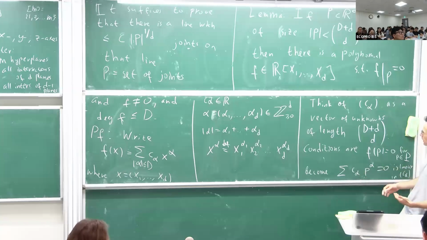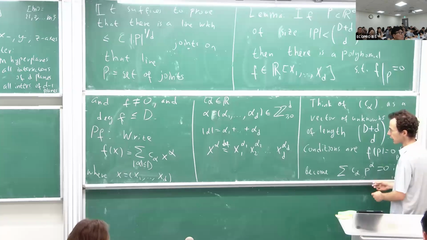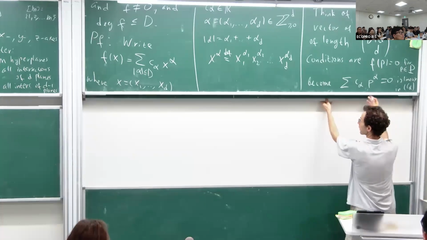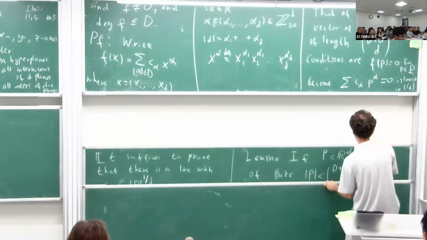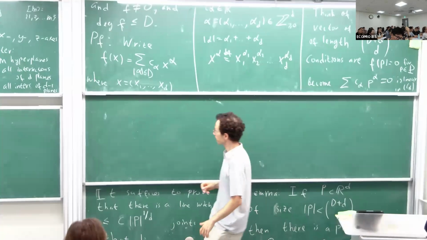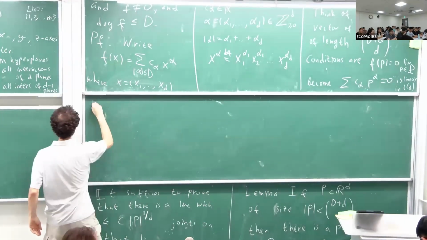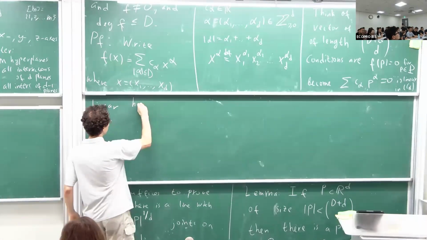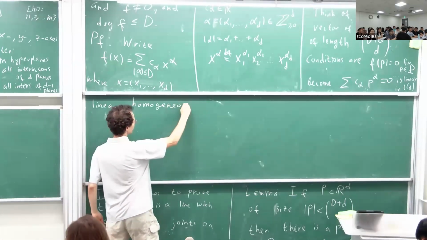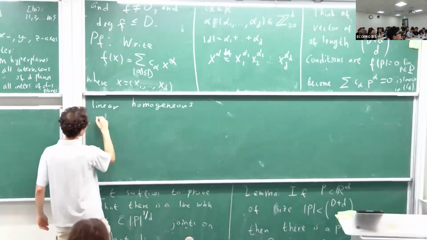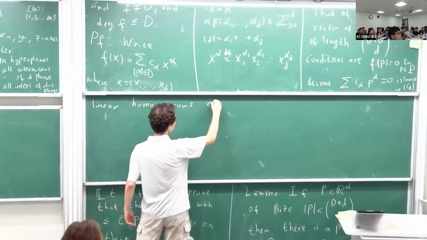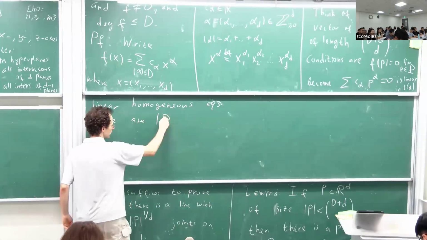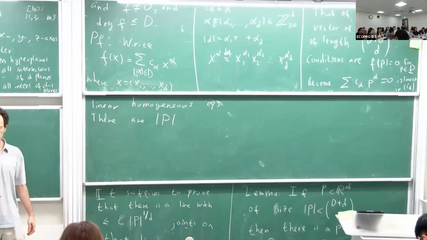So I have a bunch of linear equations in the c alphas, and not only linear, the right hand side is 0, so they are homogeneous equations. And there are exactly as many equations as there are points.